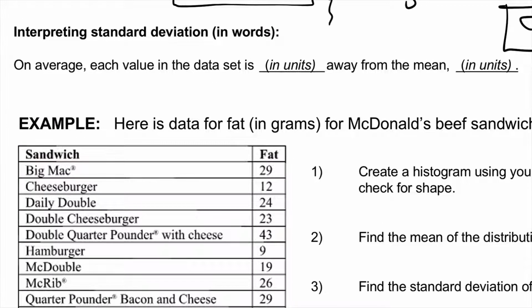On average, each value in the data set is 34.2, 3.225 units away from the mean. We don't know what the units are. If they give you units, you should always include that. The mean is whatever number, 70. So what does that mean?